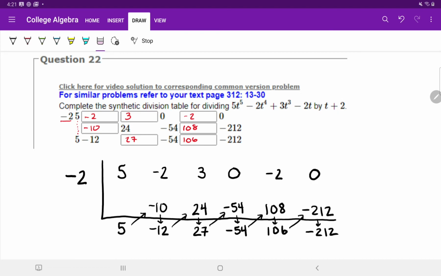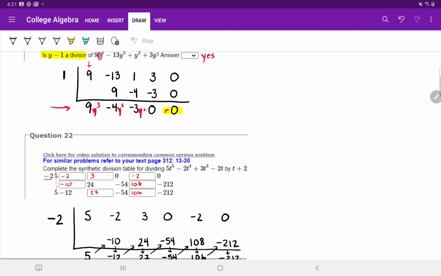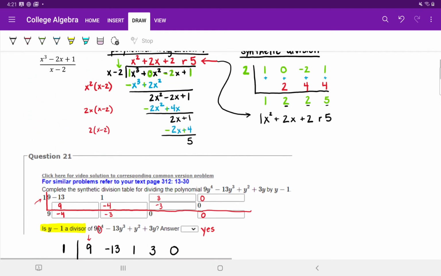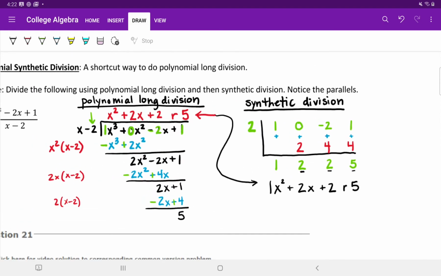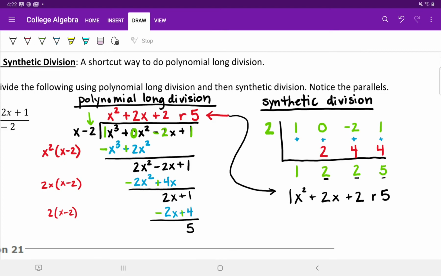This synthetic division is going to save us so much time when we have to divide things later on. So real quick, this felt like magic. Why in the world does this work? Well, the reason I wanted to do polynomial long division and synthetic division earlier on the same problem was so that we could see the parallels. Every time in polynomial long division that we do a step in the problem, we end up doing this stage where we have to subtract or flip our signs.